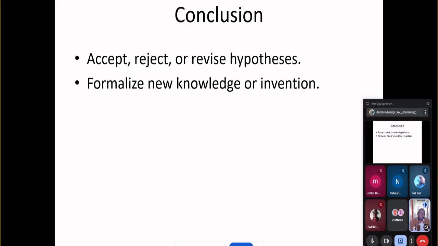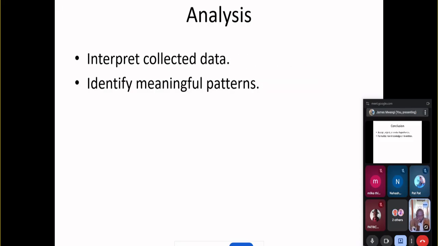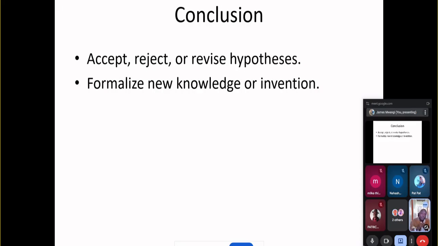And then once you have identified the patterns, you make a conclusion whereby you accept, reject, or revise the hypothesis that you had formed. Okay? And this is where you formalize new knowledge or invention.